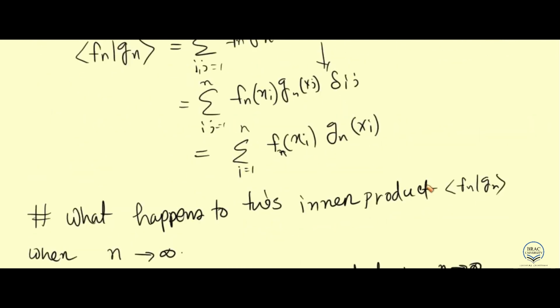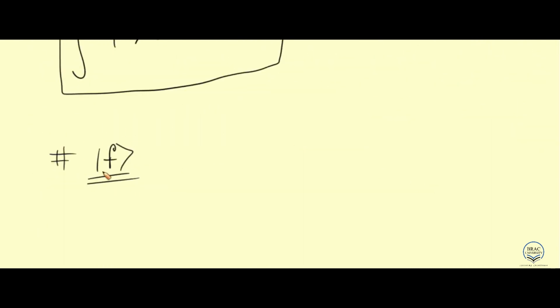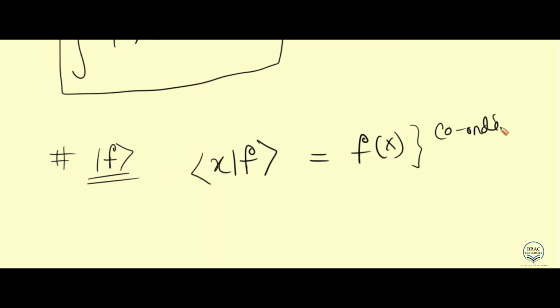So to get the full function, what we need to do is take this abstract function. It's not a function, to be honest. It's a way to represent the function as an abstract ket object, an abstract vector. And from this vector space, if you just take an inner product in the coordinate basis, you will get your function, f of x. This is the coordinate basis representation.